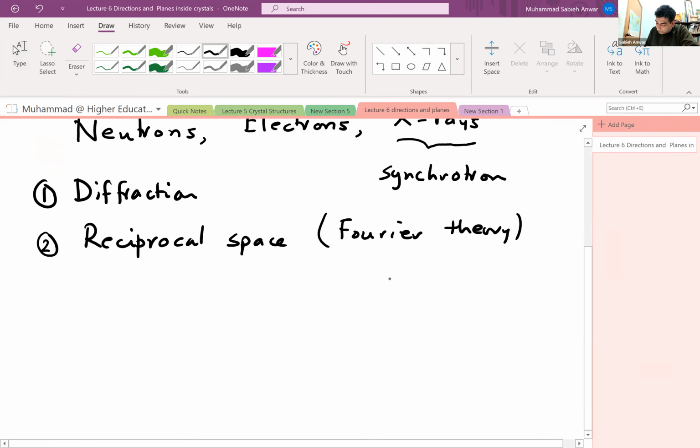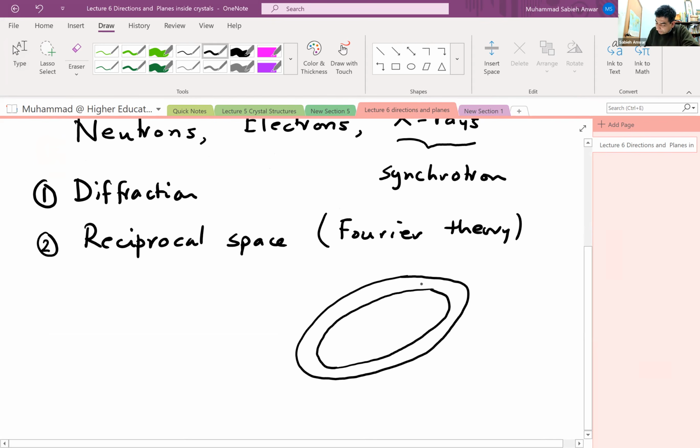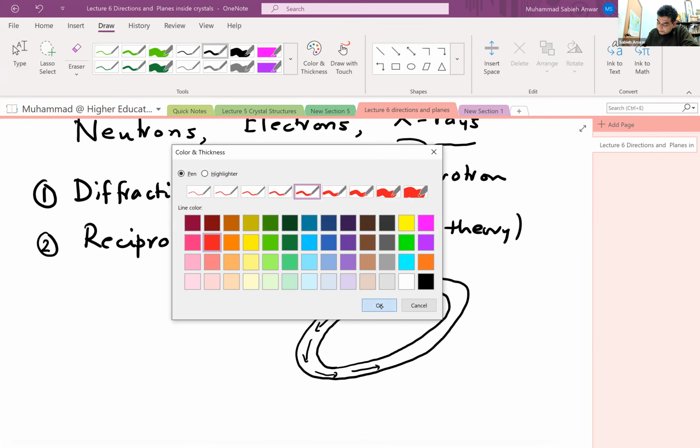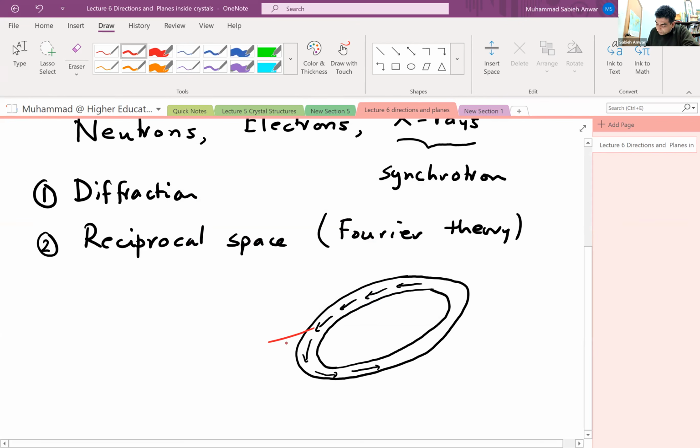In a synchrotron, you have a large ring in which electrons are accelerated to very high energies. And since these electrons are charged particles, when they accelerate, they give off radiation in the form of X rays.